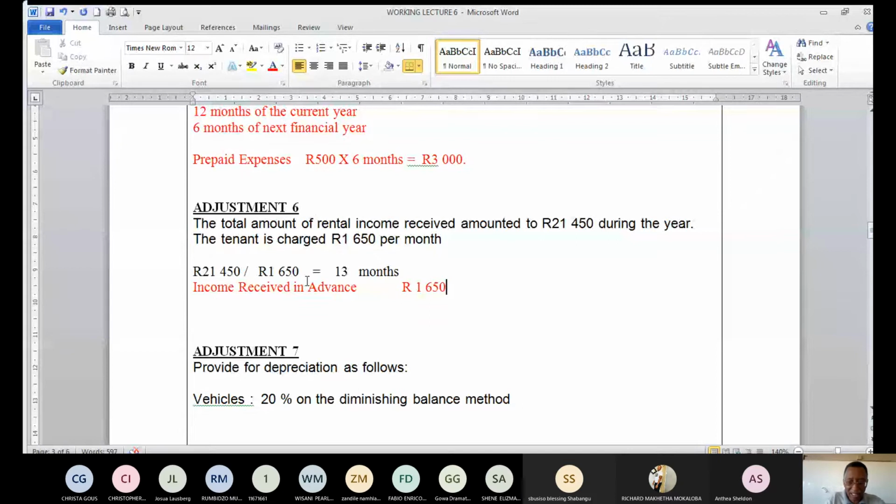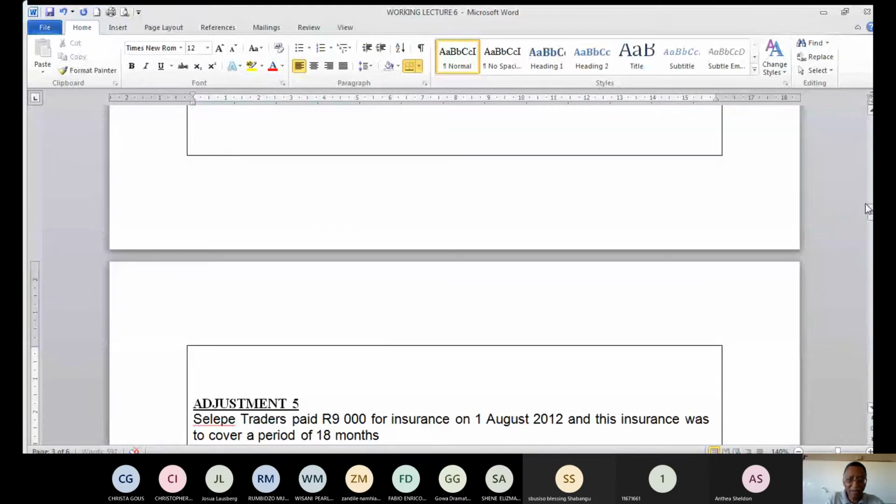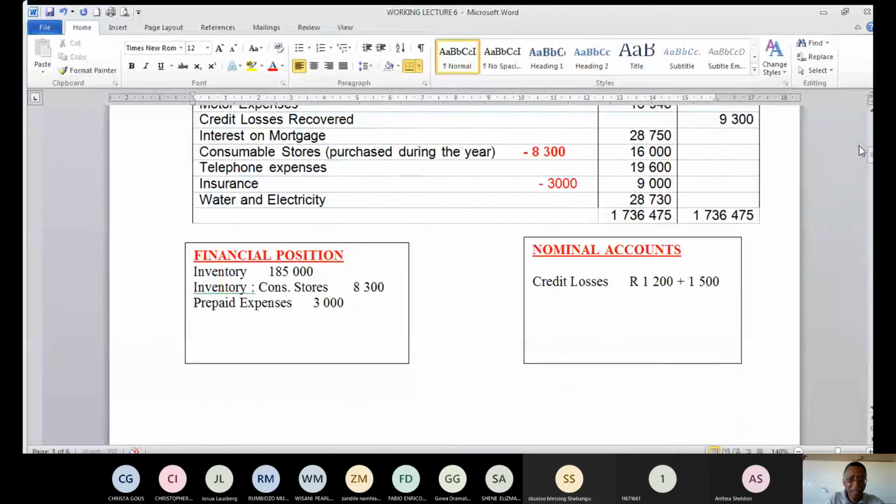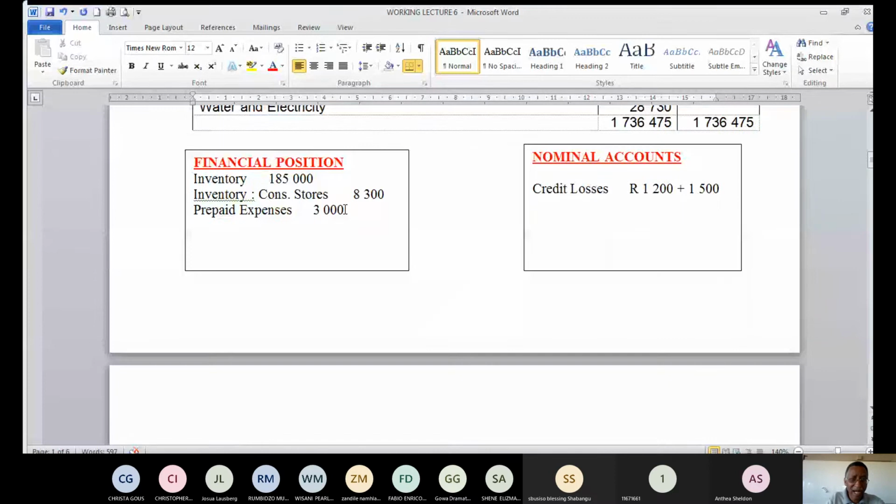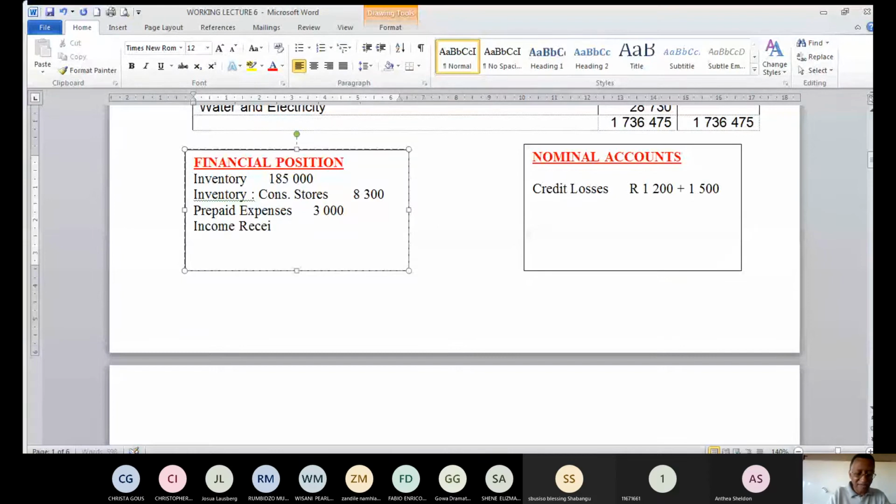We have calculated the amount of income received in advance to be 1,650. Back to my trial balance now. In my trial balance, I work with a new account. It's a liability called income received in advance. Your income received in advance is now the amount of 1,650.